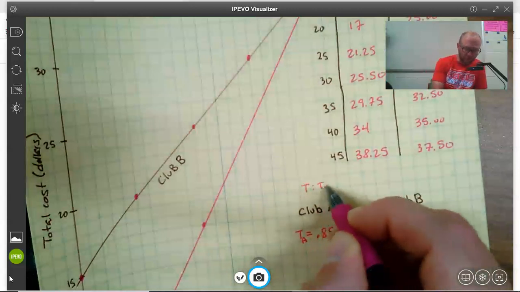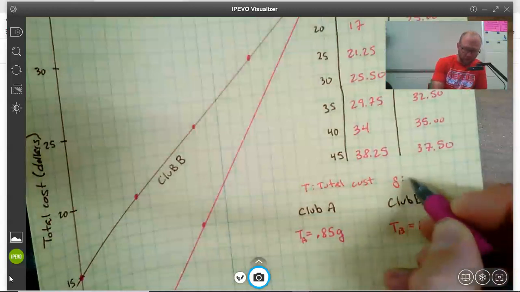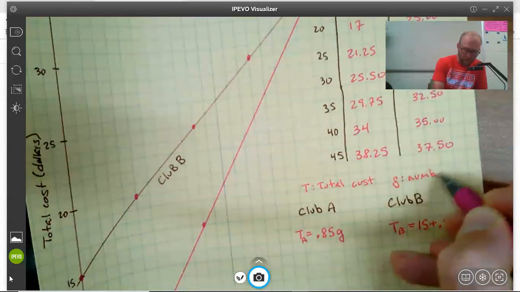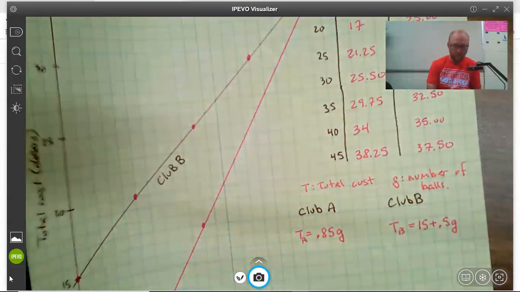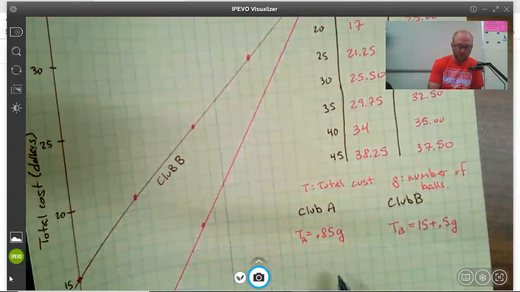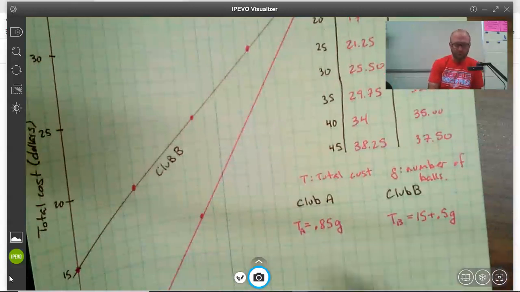Let's just put some labels up here. T, total cost, G, number of balls. Okay. So let's figure out when is Club A more than Club B?